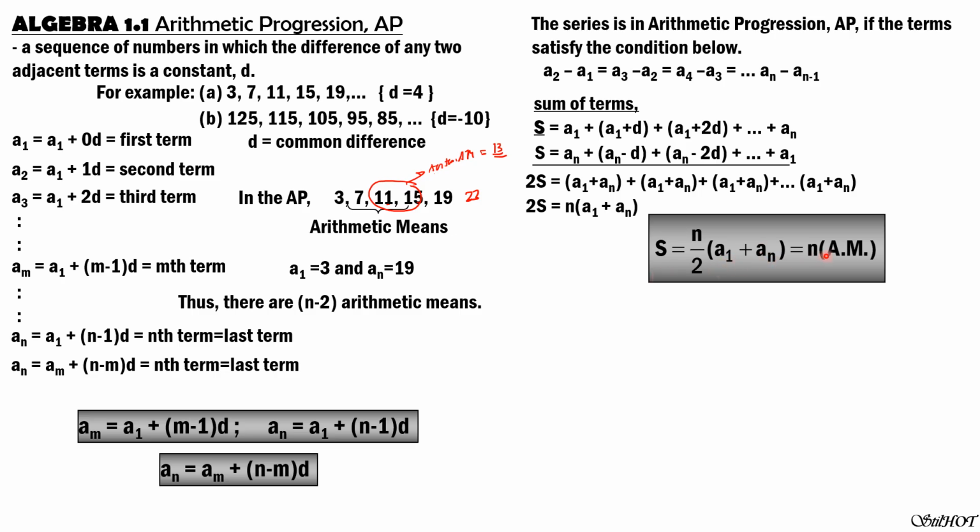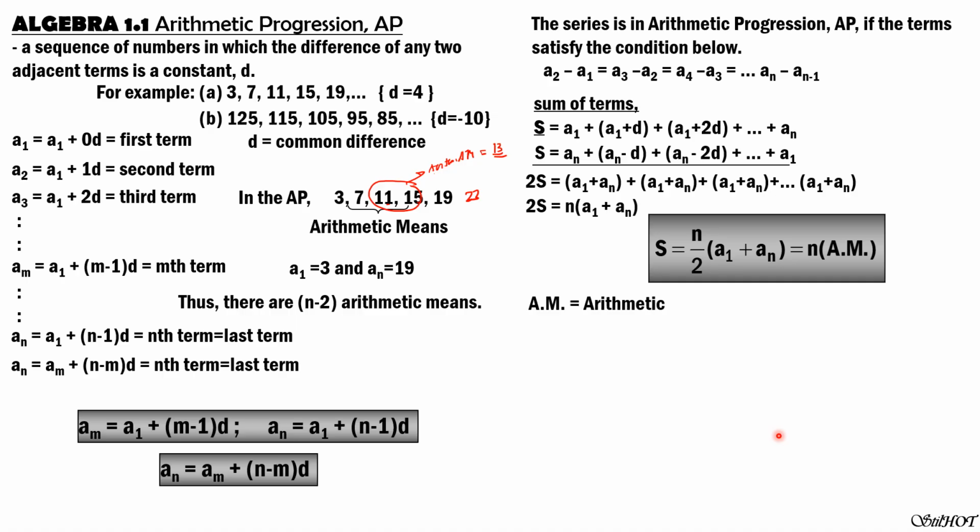Then we multiply that by n. So that's one formula for the sum of an arithmetic progression. It's easy to remember. It is n times the average of the numbers from first to last.